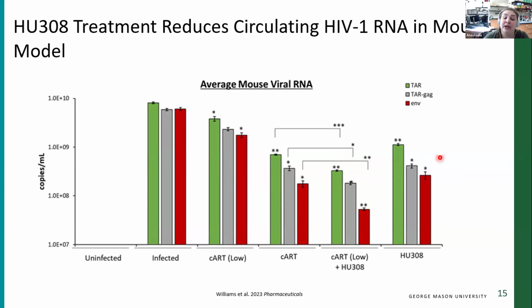And then our HU308 alone was also able to bring our viral transcripts down, similar to that of the CR optimal dose. But really, I think the most exciting data from here is that our CR at the low dose combined with HU308 brought the viral transcripts down at a significant level that was even significant to that optimal CR alone.